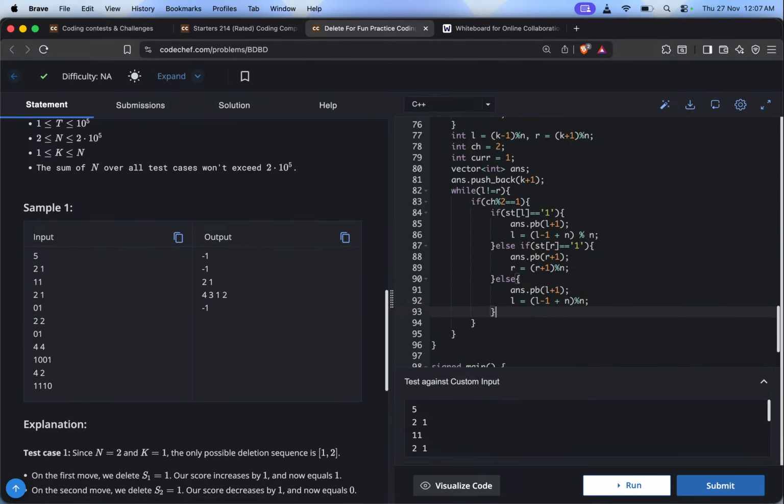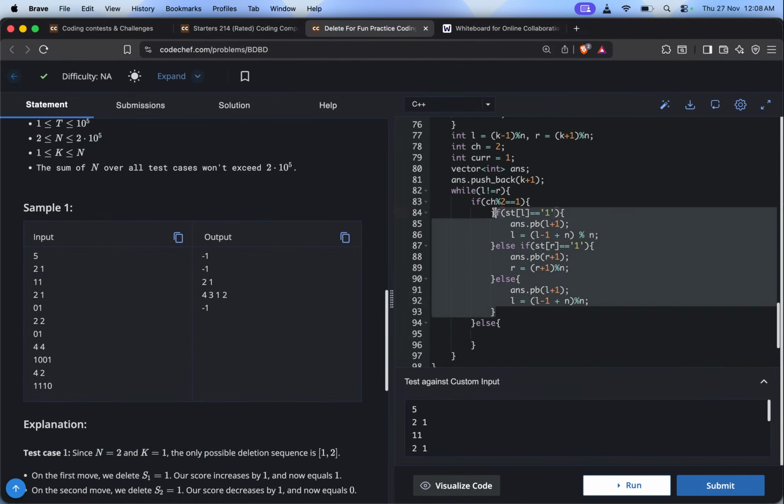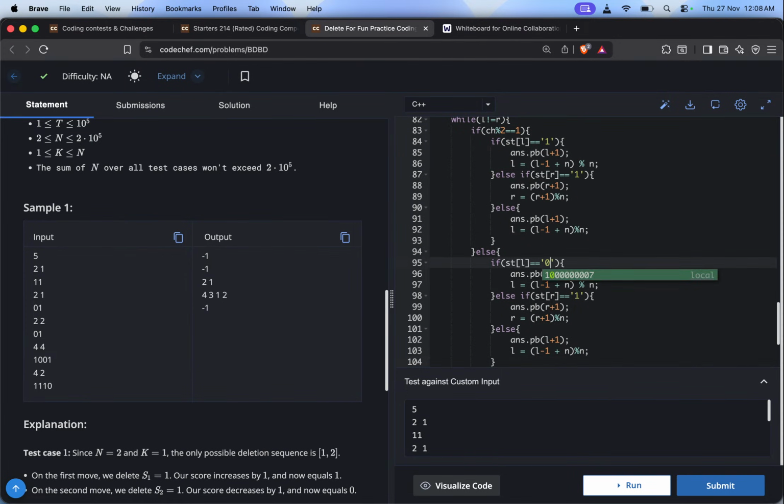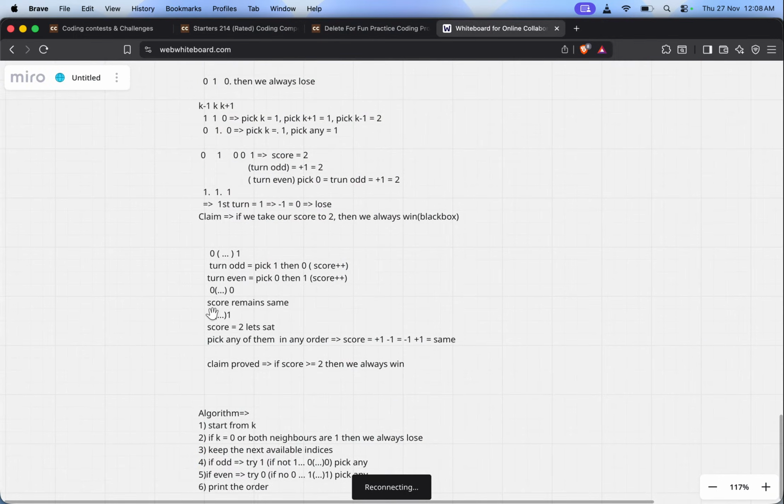Alright, pick any of them. Now in the else part, the current choice is even. So if the current choice is even, try for 0. Just copy paste this thing; here we were trying for 1, here we will try for 0. If none of them is 0, then it is a 1-1 scenario, and we said in 1-1, the score will always remain the same.